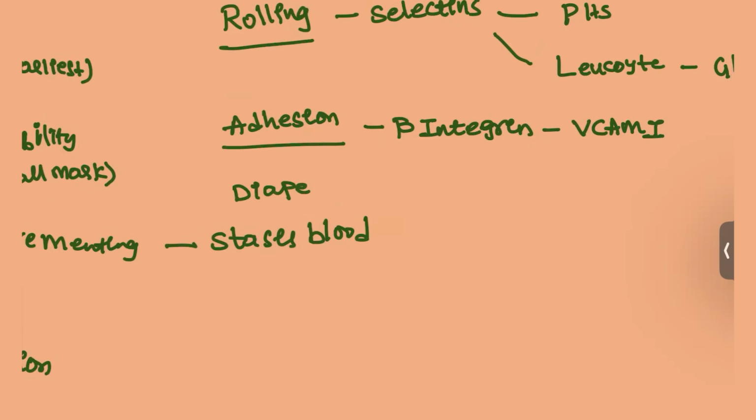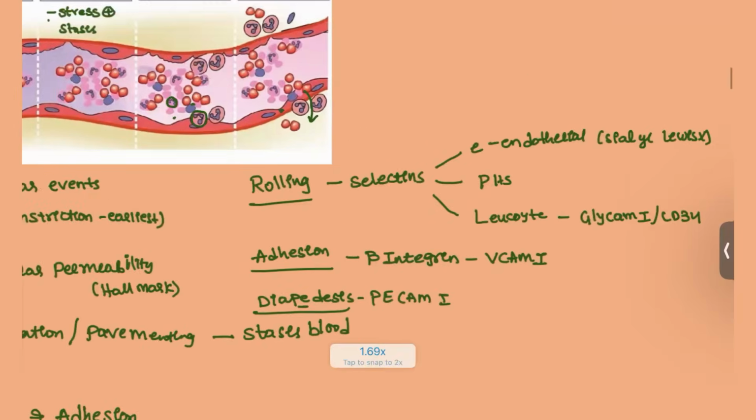Diapedesis is between the two cells, right? Between the two cells of the endothelium, that neutrophil has to come out. What is going to help the diapedesis? PE. So remember this as PECAM. Okay, PECAM. This is going to help the neutrophil to come out of that vessel. So, okay, these are the important points that you have to remember.